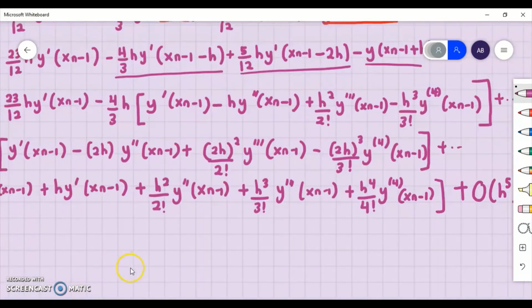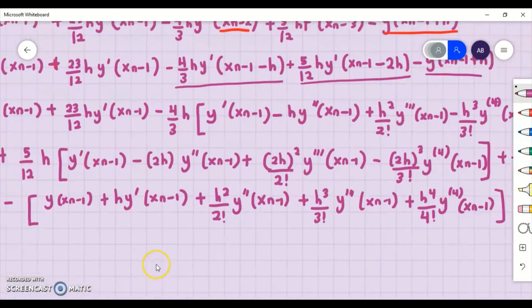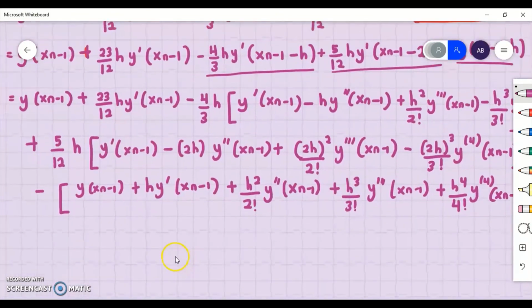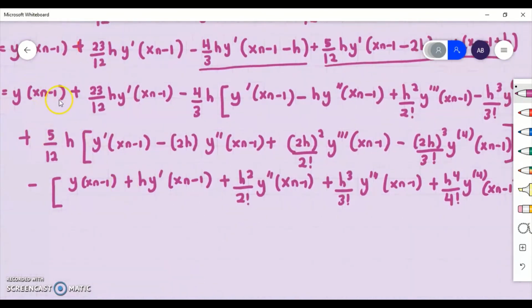Okay, so now what we can do here, you should have an equation that only involves x_{n-1}. If you look at the inside terms, that will make the cancellation easier. So the first term here, this term cancels out.